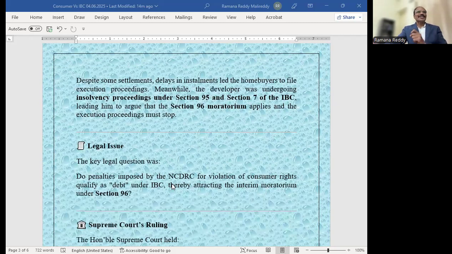So, the key legal question was: do penalties imposed by NCDRC for violation of consumer rights qualify as a debt under the IBC, thereby attracting the interim moratorium under Section 96 of the IBC?